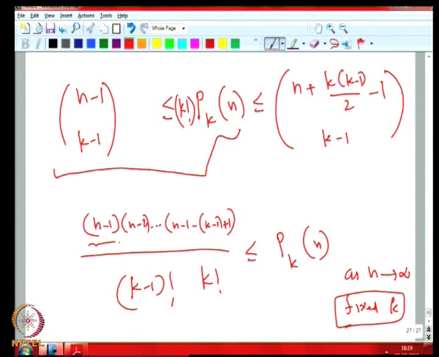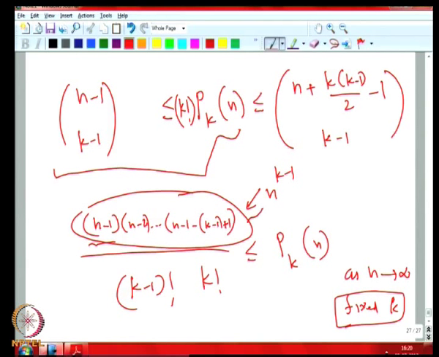So these are all about n, right, though some small difference is there. We can say approximately this is n to the power k minus 1, because there are k minus 1 terms in the numerator. This is approximate, we are assuming that n is very big compared to k, and is tending to infinity, k is fixed.